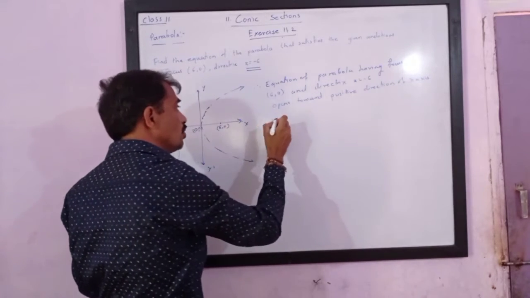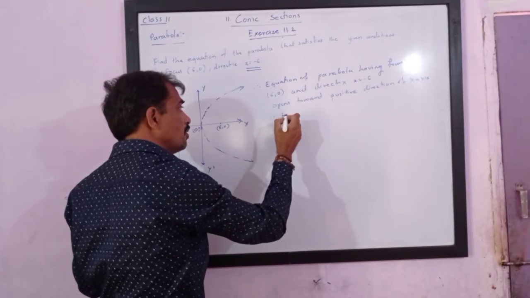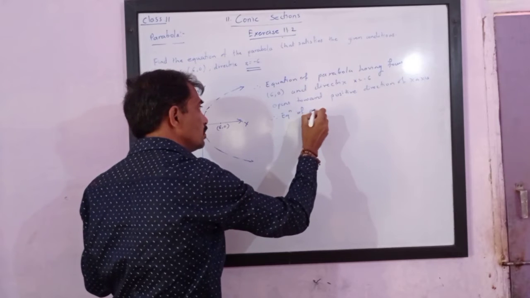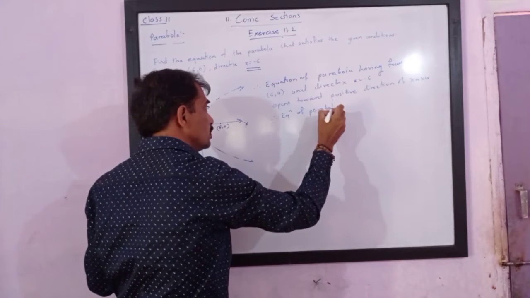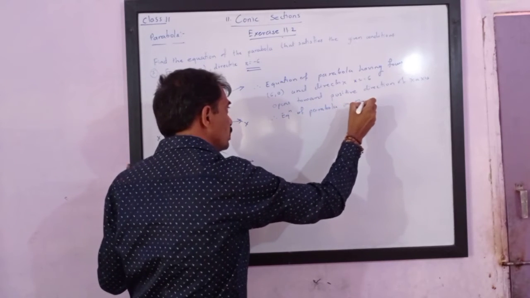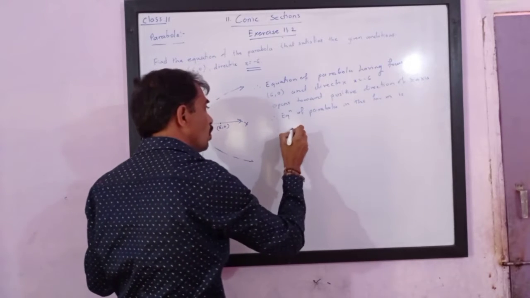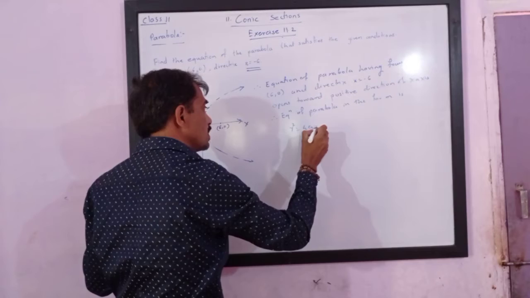And we know the standard equation of parabola in this form is y square is equal to 4ax.